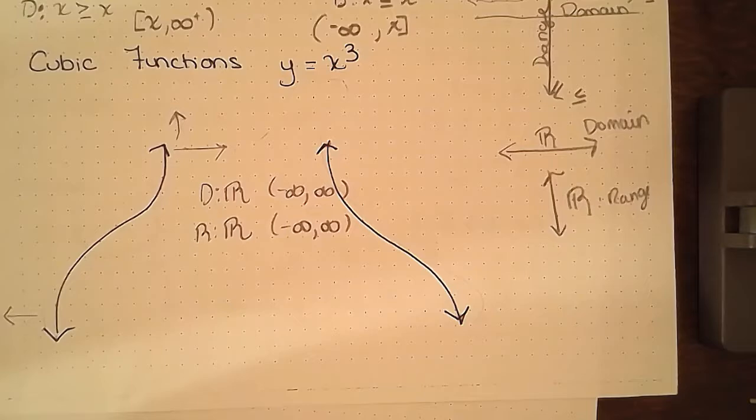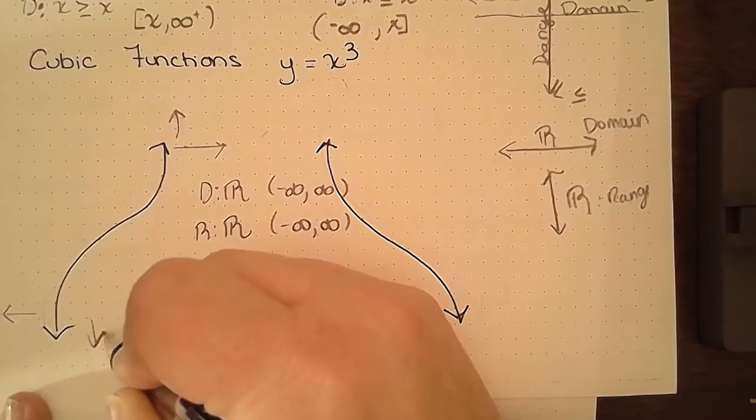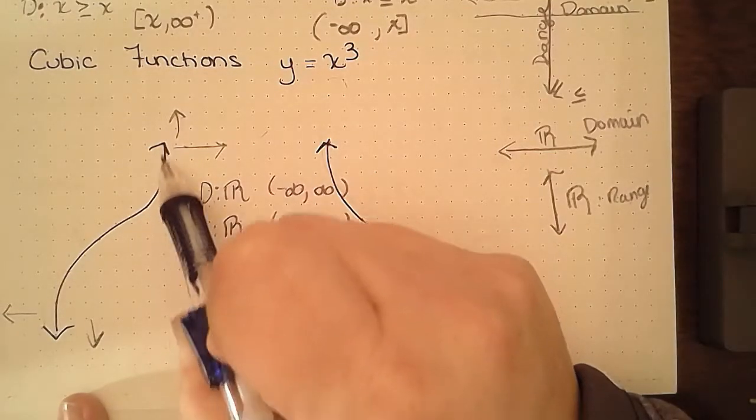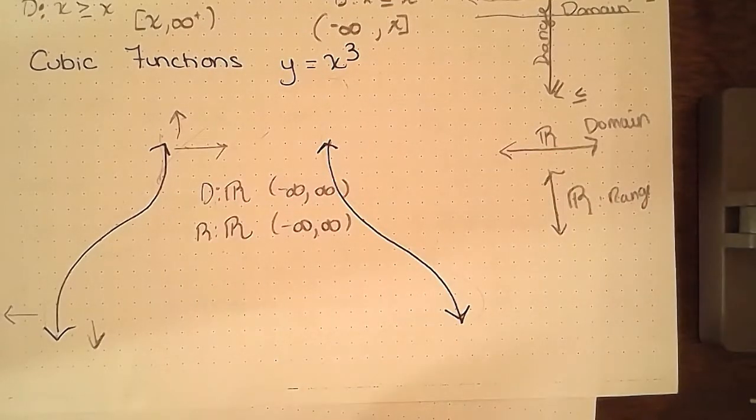So that tells me domain of all real numbers. And then it's going up and down forever and ever. So it has a range of all real numbers. I know that sometimes it can be confusing because it looks like it's just pointing up. But remember, if it keeps going this way, no matter what the rate, it's still all real numbers. So be very careful of that.